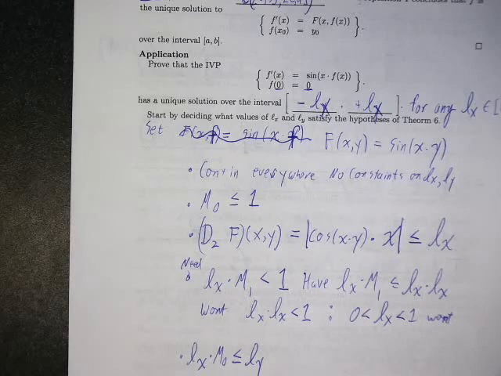Cool. So, I mean, that's all I have to say today. Maybe I'll tell you what we're going to do next time, on Friday. Do you guys remember what the implicit function theorem says? Do you guys remember the idea of implicit differentiation? If I give you an equation, you can compute the derivative of that equation by imagining that y is a function of x and then going from there.